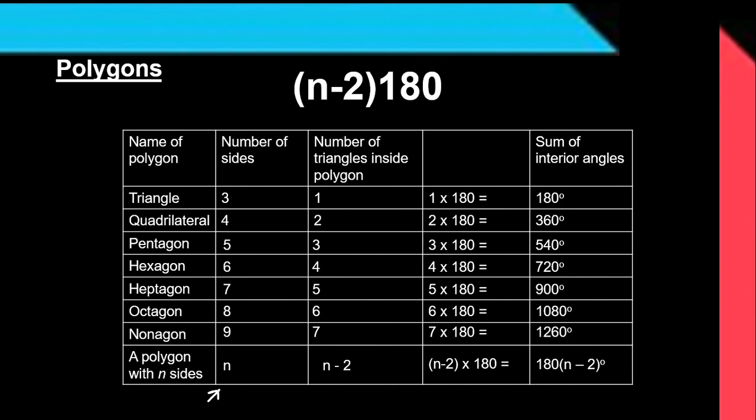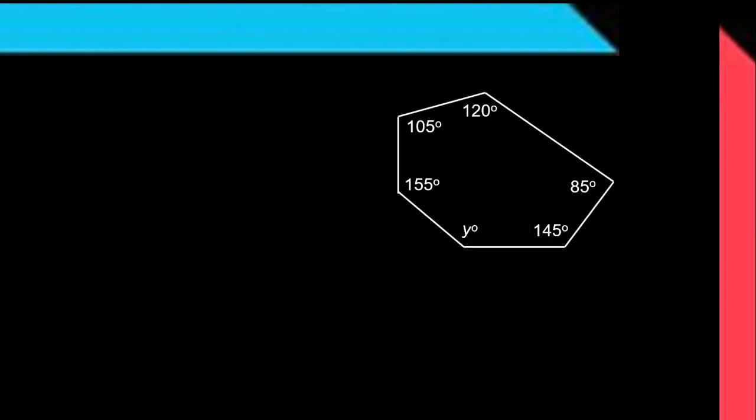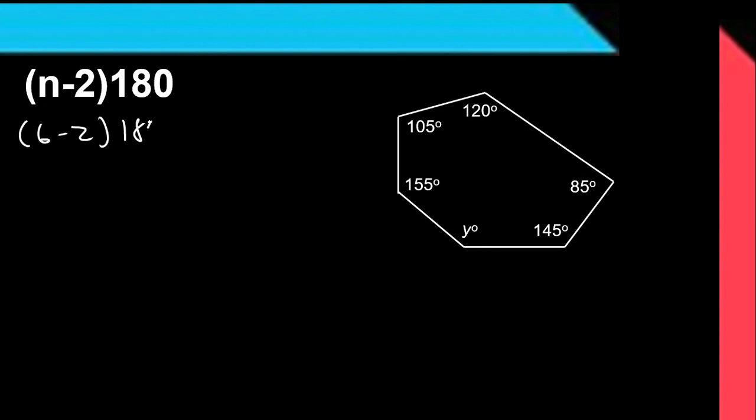Let's use this information and answer a question. In this diagram, I have a 6-sided shape. It is a hexagon, an irregular hexagon, and I'm going to work out what y is. First step, I have 6 sides, minus 2, times 180 degrees. So 4 times 180 degrees is 720.